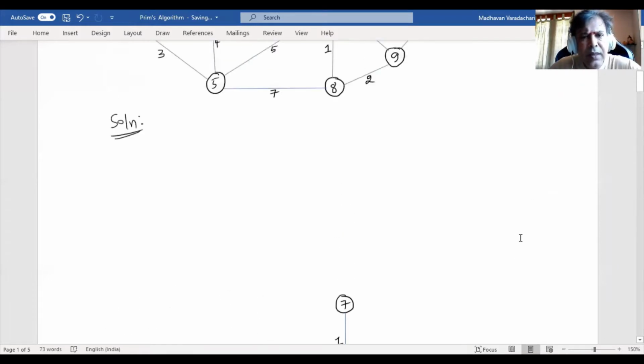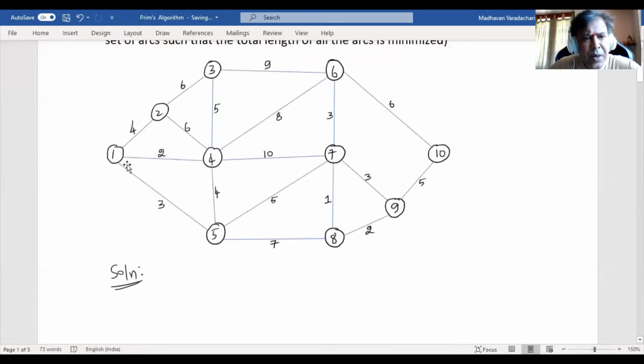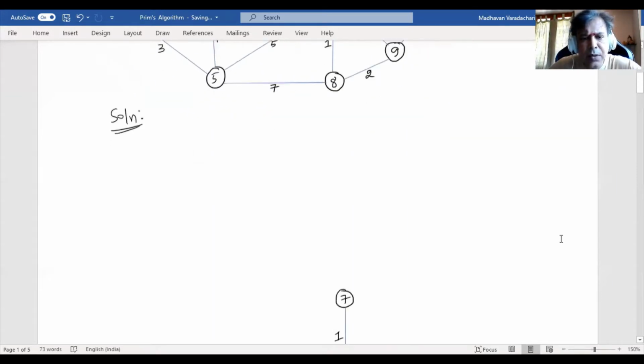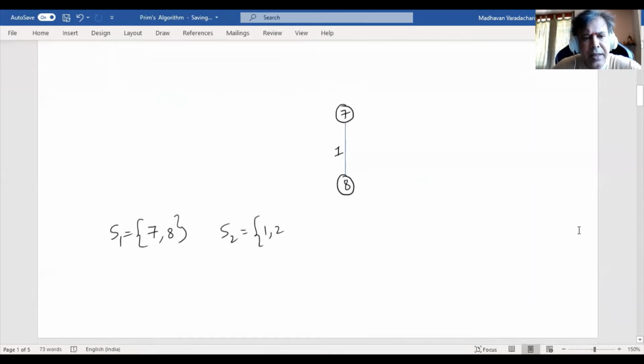We may notice that the least vertex number is 1 and the highest is 10. So all the other numbers I will write in the second set: 1, 2, 3, 4, 5, 6, and 9 and 10. 7 and 8 will not be written here because they are already in set 1.